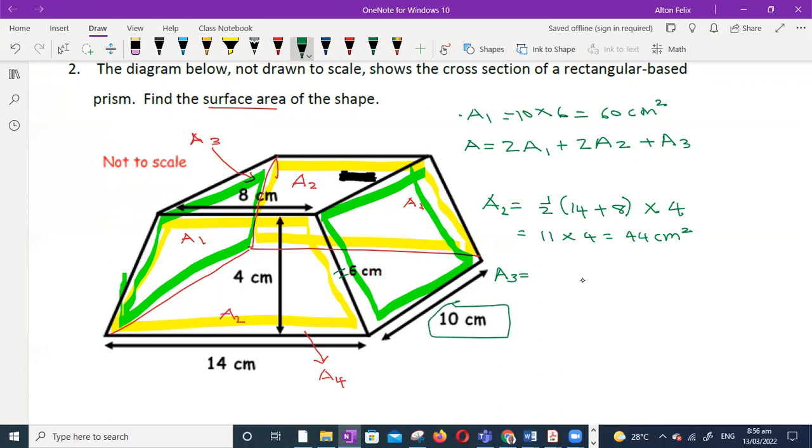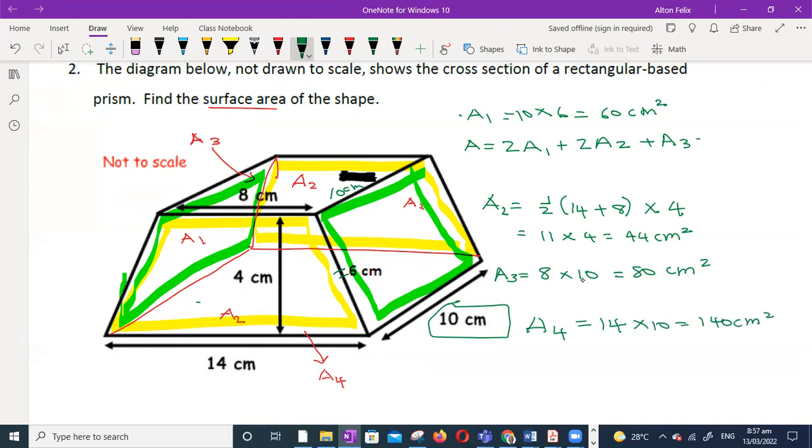So it will also be 10 centimeters up here. So area 3 is 8 multiplied by 10, which is 80 centimeters square. And area 4, which is the last piece below the base of the rectangular prism, would be 14 by 10, which is 140.